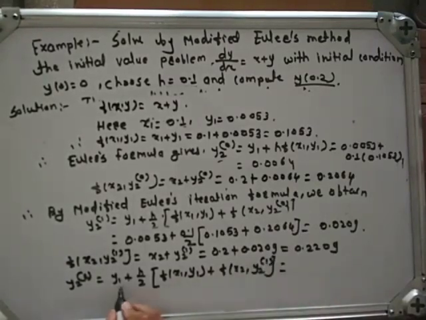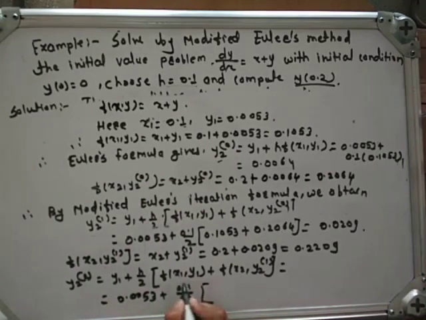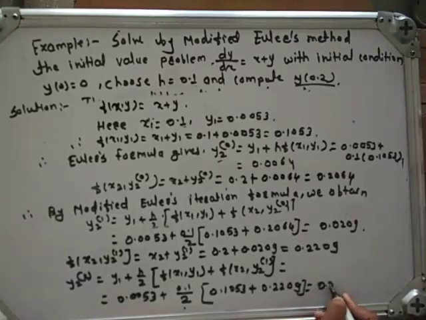Put values: y1 is 0.0053 plus 0.1 upon 2 into 0.1053 plus 0.2209, which is equal to 0.0216. This is y2 2.